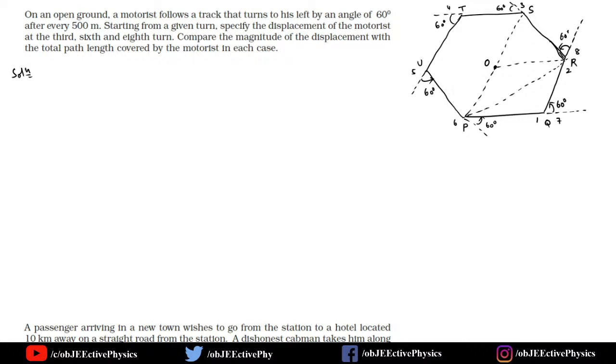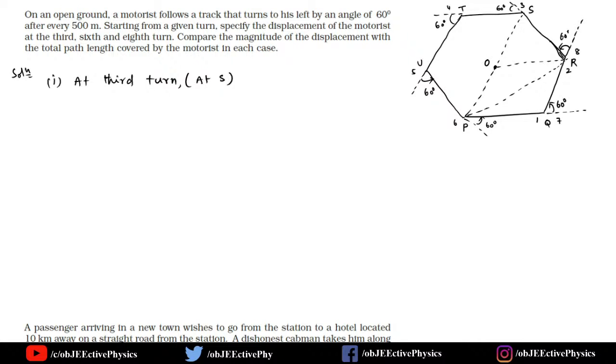First of all, the third turn. At the third turn, that is at S. Let us assume the starting point is P, and the person takes a turn left by 60 degrees after every 500 meters.